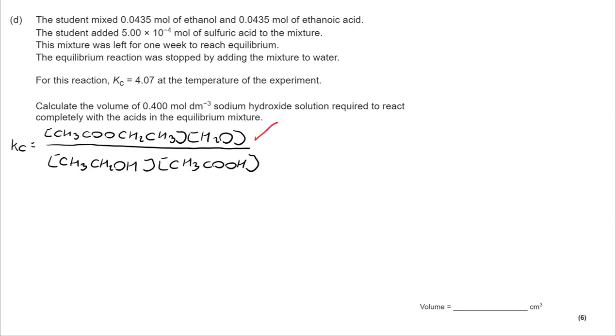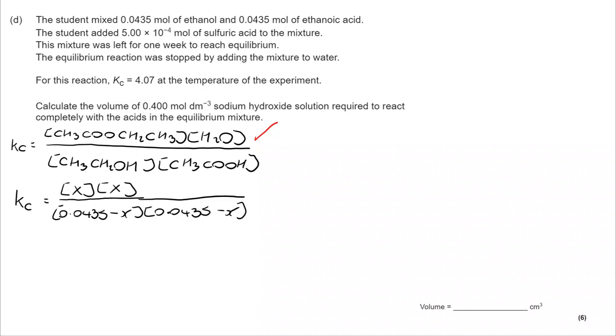In the first instance, it's a Kc calculation, so write out the expression for Kc and do that with care. You can see we've got our products, our ethyl ethanoate and our water on top, and we've got our reactants on the bottom. Now from there, we can start thinking about figures. We don't have figures necessarily because we know how much we started with, but we don't know how much of the reactants we ended up with.